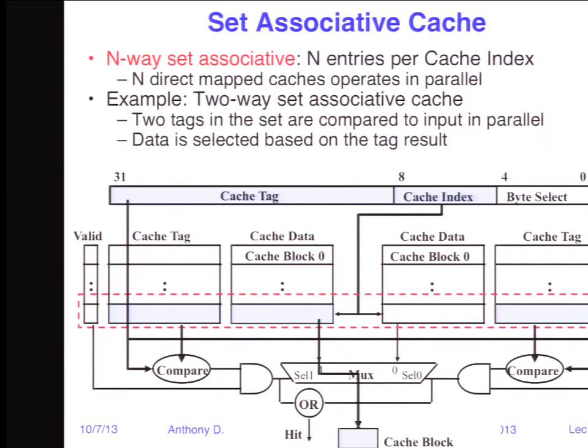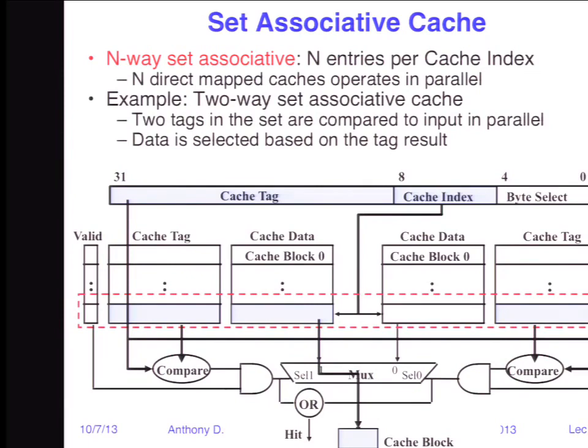And then the mux will tell us, so here we hit on the left side. So the mux selects this one, and that's what is returned along with the indicator to say we had a hit. We found it. This is the one that always confuses everybody.